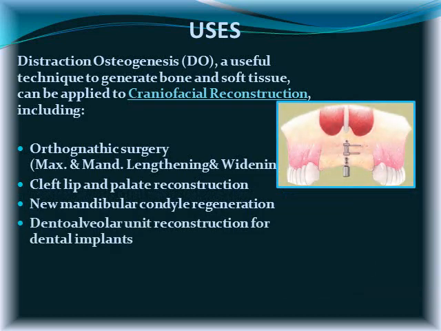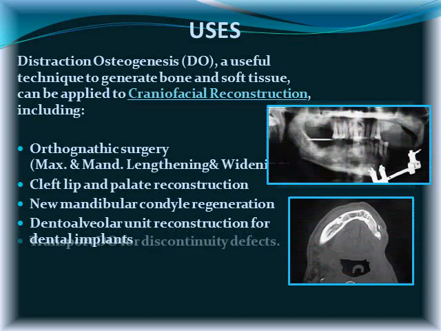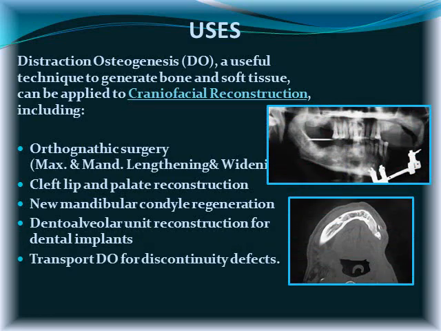We can elongate also the alveolar process in preparation for implant placement to avoid the use of bone graft in the side of atrophic alveolus. We can use it also after resection of part of the mandibular bone or maxillary bone in order to avoid the use of large segments of bone graft and its consequent less successful outcomes.